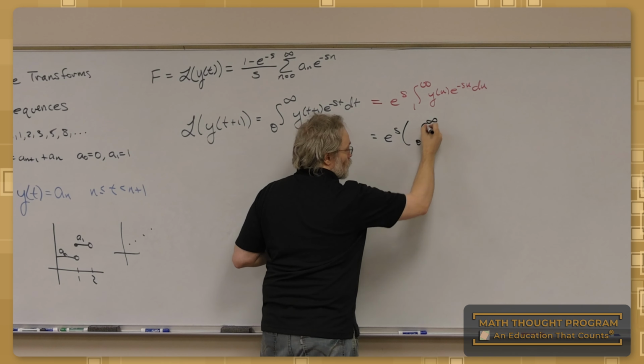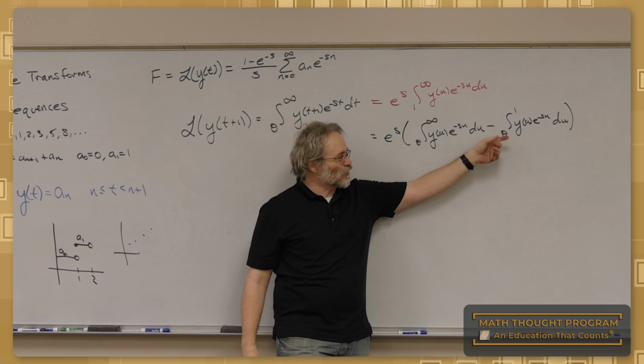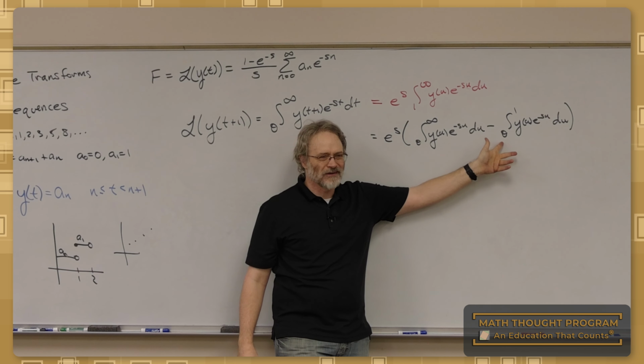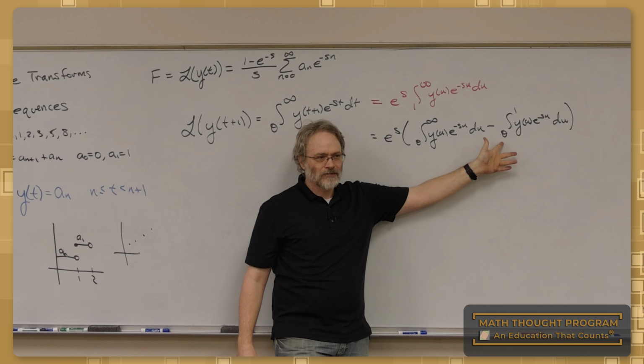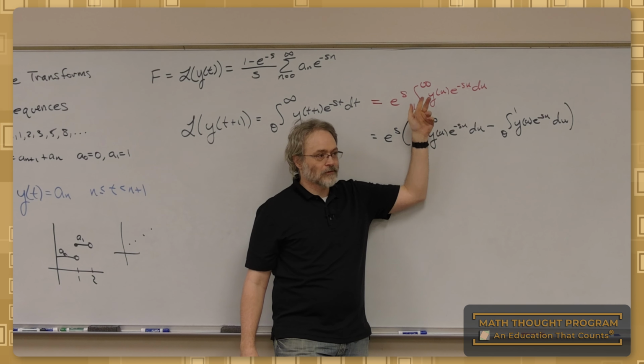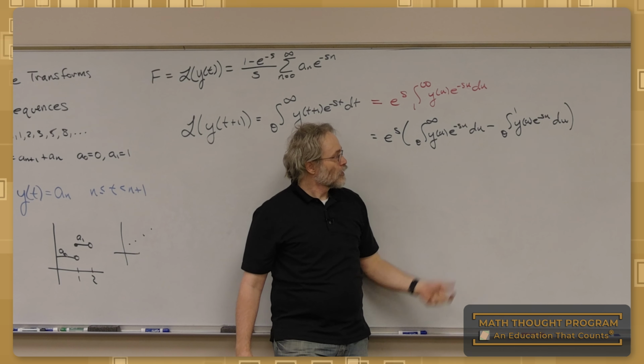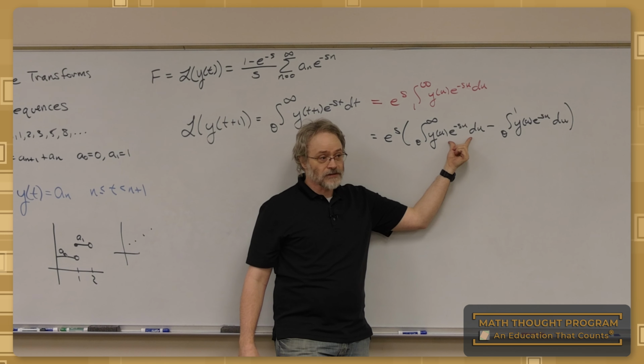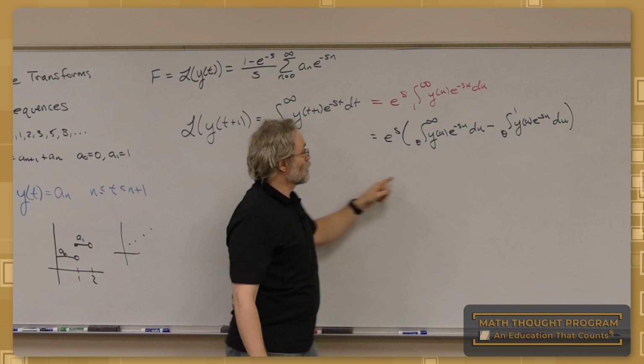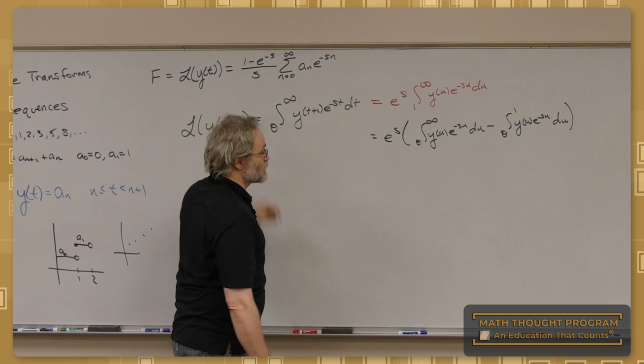Can you see it? If you're going from 0 to positive infinity, and you say, well, I really didn't want the first part from 0 to 1, what would you get? 1 to positive infinity. And this right here, guys, that's F.